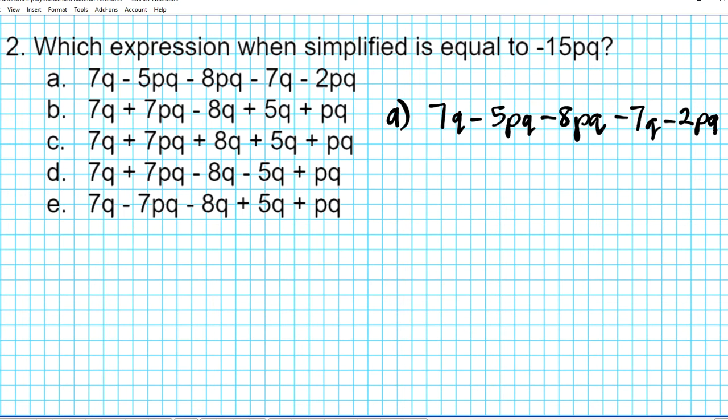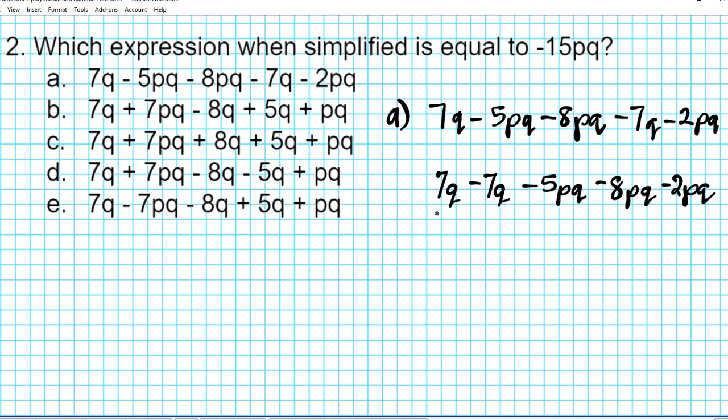So let's go ahead and place terms that are like terms next to each other. So 7Q minus 7Q, they have identical variables. And then negative 5PQ minus 8PQ minus 2PQ are all like terms.